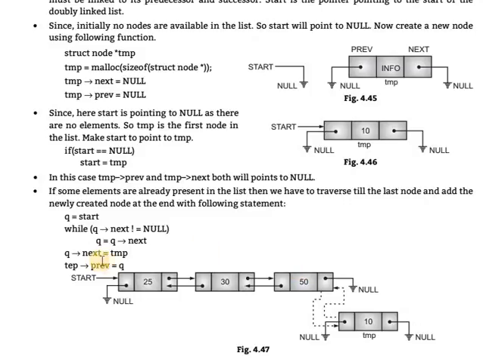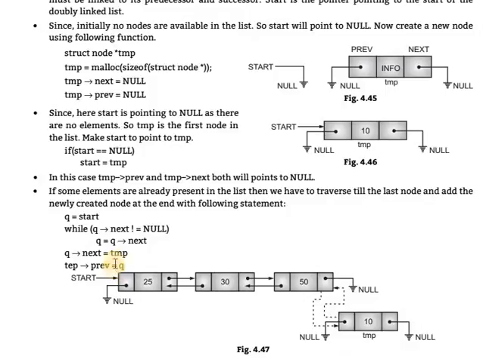Next, what does this statement mean? The temporary node in which the new element is stored is connected to q of next. And q is connected to temp of previous.